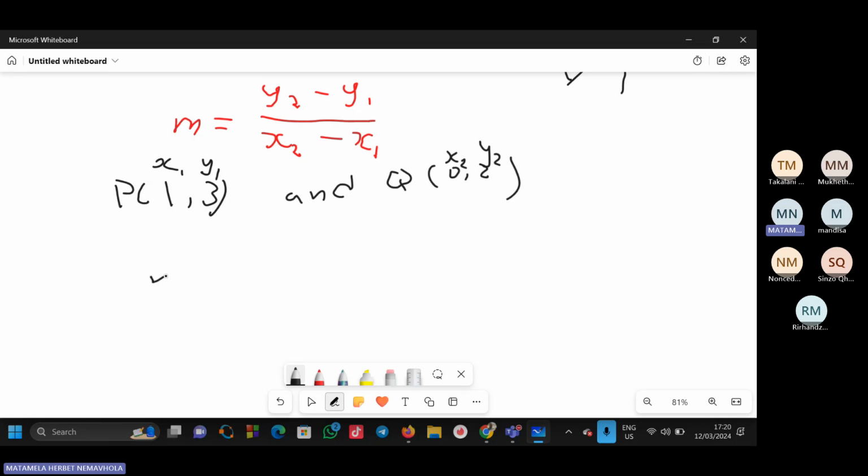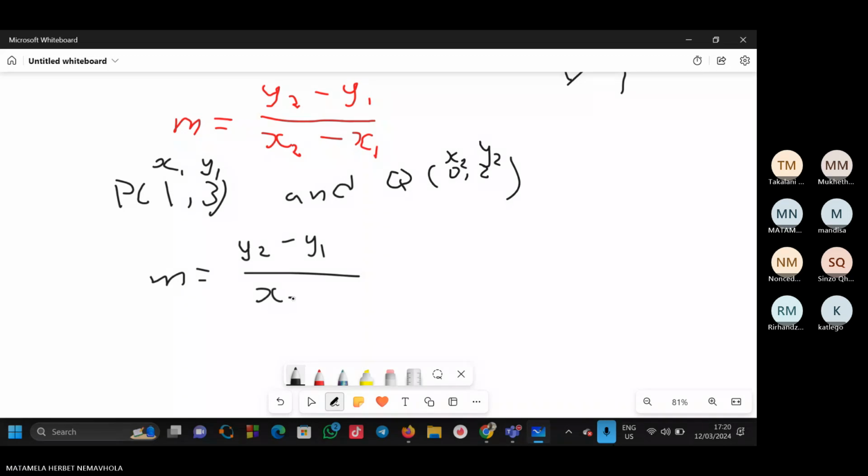So when we calculate the gradient, m, it is going to be y2 minus y1 divided by x2 minus x1. Then this is going to be equal to, you can take this value here, which is 2 for y2, minus your y1, which is 3, divided by 0 minus 1.